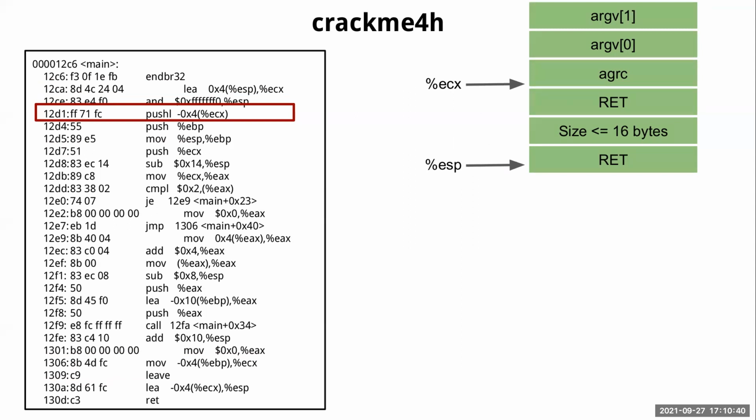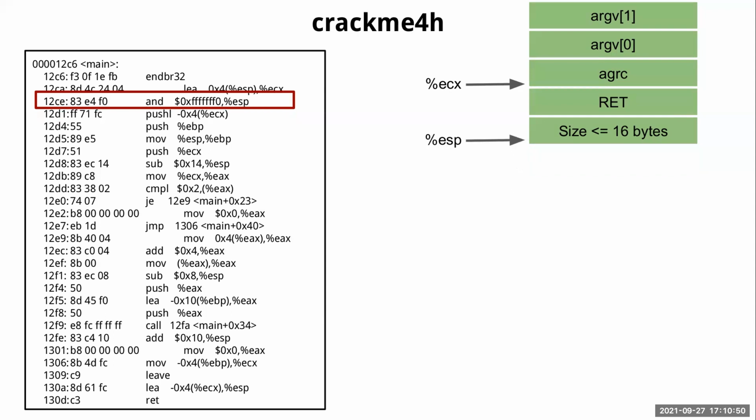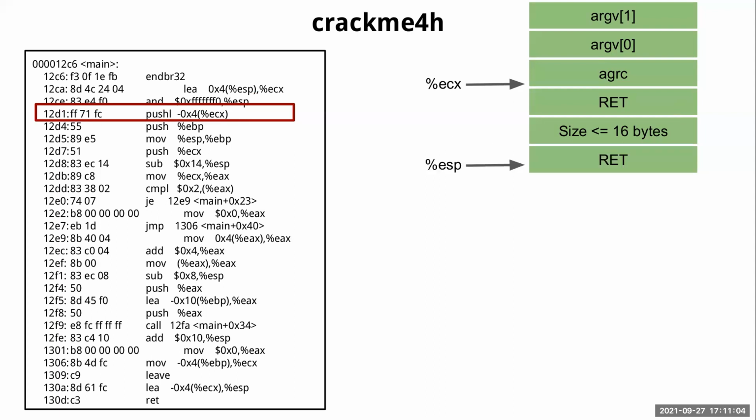So you will push whatever is here to the stack. And ESP, previously, ESP points to here. Now we're going to push ECX minus 4, or whatever is that address to the stack. So that address actually stores the return address. So we're going to push the return address to the stack again. This is what the program is doing.